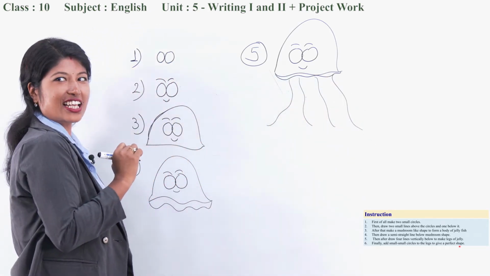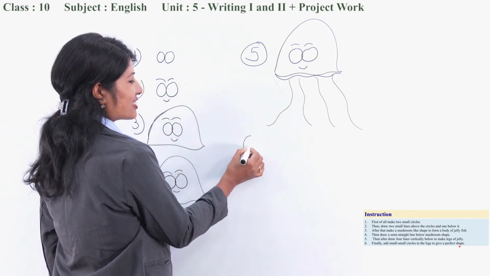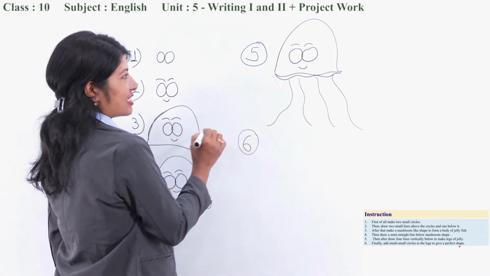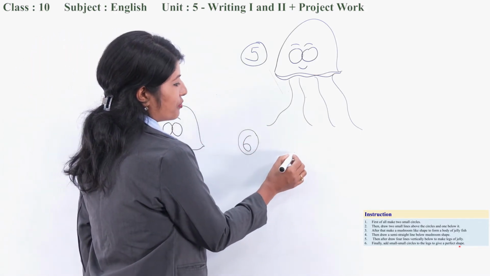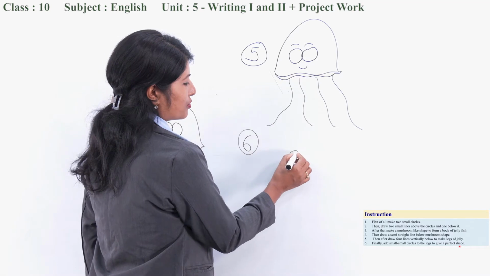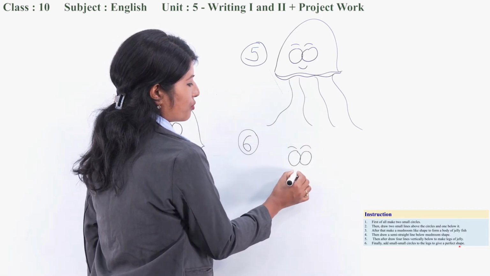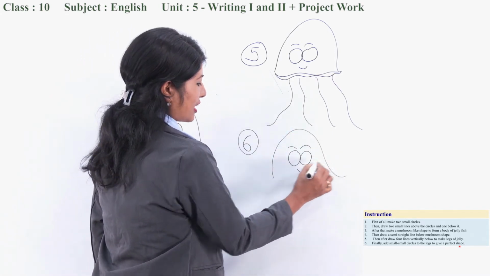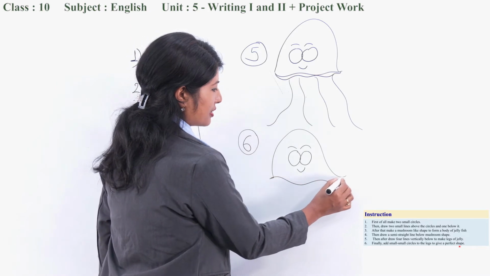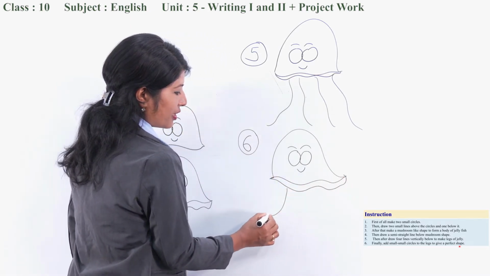So does it look like jelly? Obviously, right? Now the sixth and the last instruction. So what is it? Finally add small circles. We have already this much, two circles, two lines above, one line below, mushroom like shape, one curved line below, four legs.